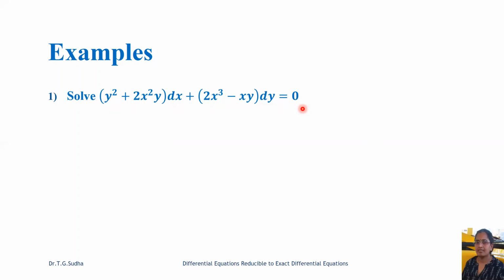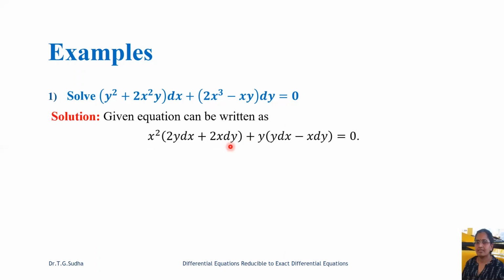We remove x square common between 2x square y dx and 2x cube dy, as well as y common from y square dx and minus xy dy. So when we write that in the standard form, we get x square into (2y dx plus 2x dy) plus y into (y dx minus x dy) equal to 0.